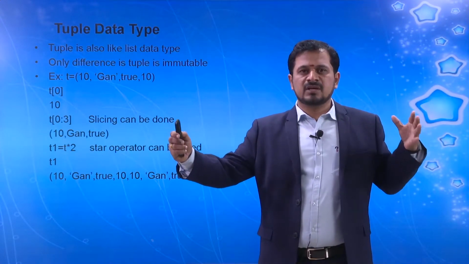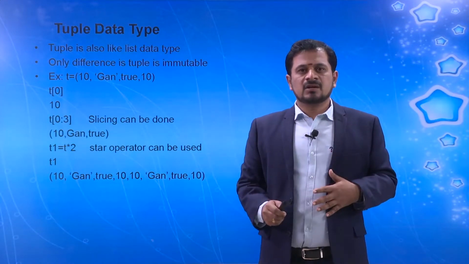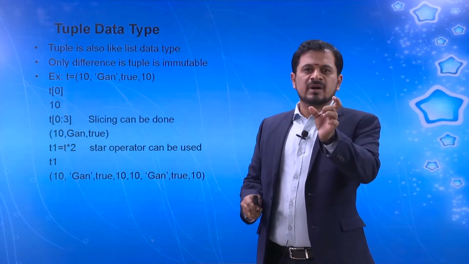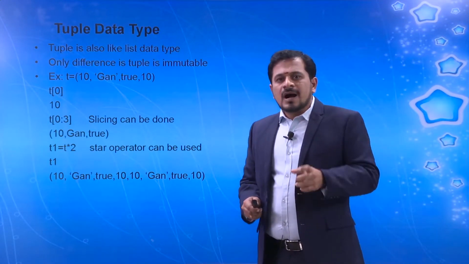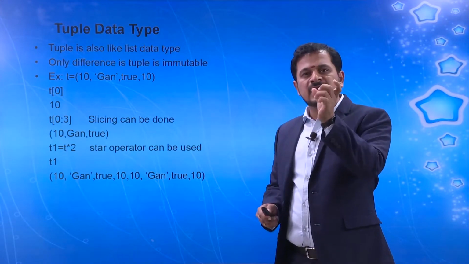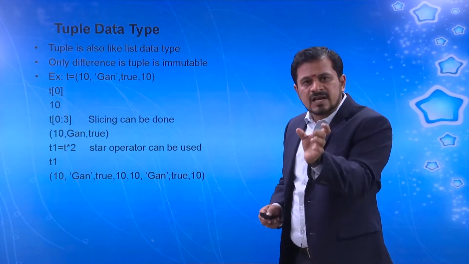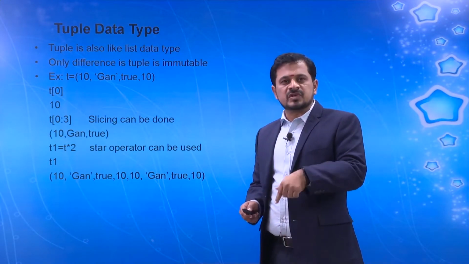Sometimes we may have 500 or 300 data items, but I want to get only a small piece of my data to use for my function. So I need to slice it from the entire tuple or from the entire list. I want to slice some part and use it for my program. So it is highly allowed.